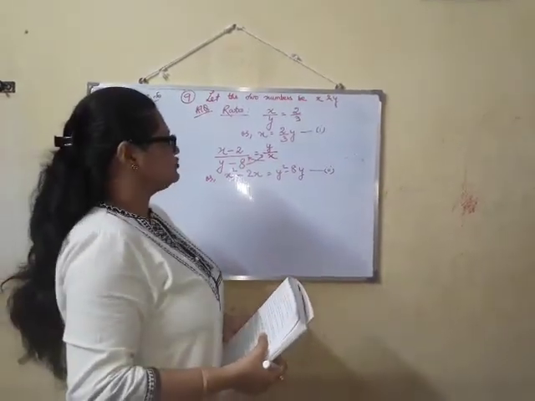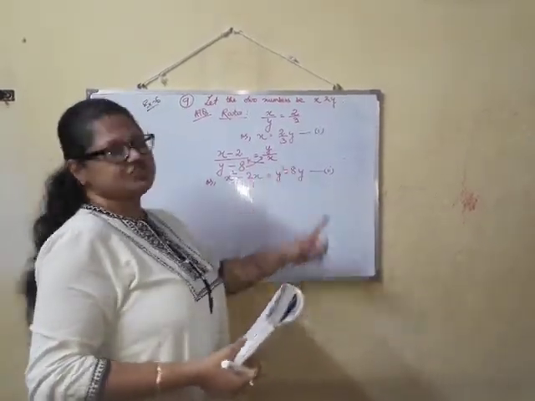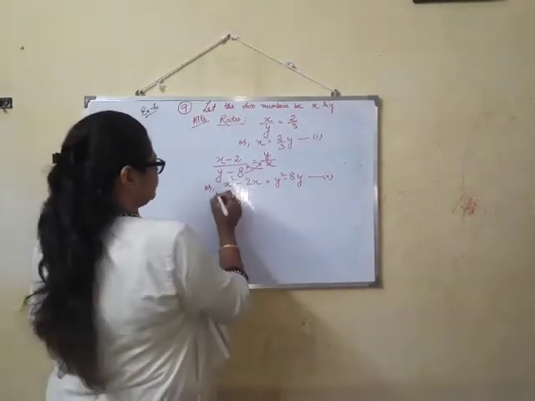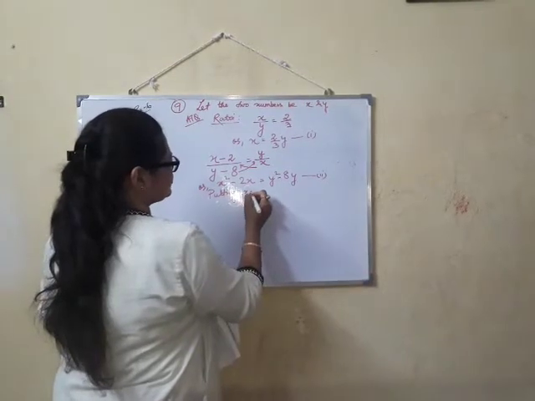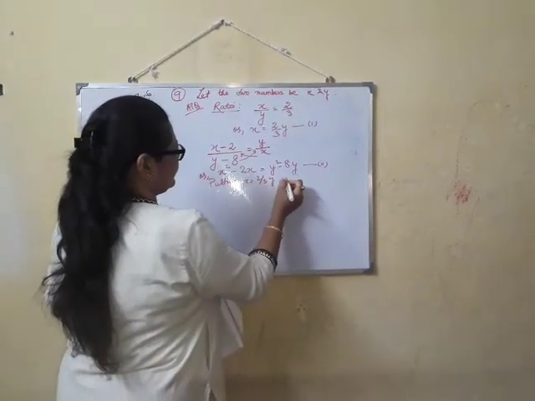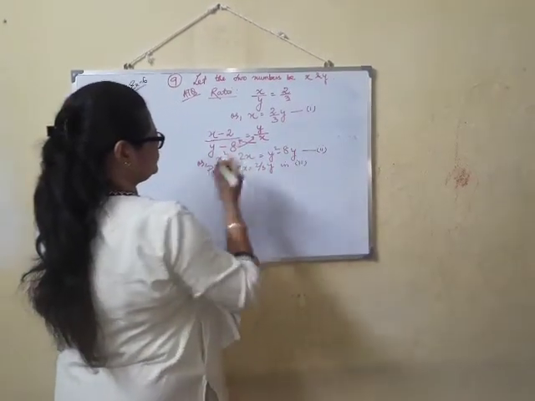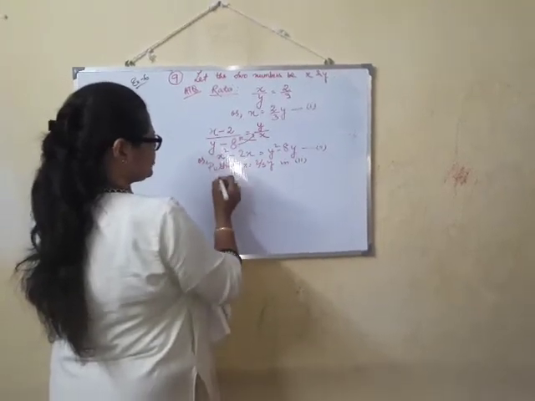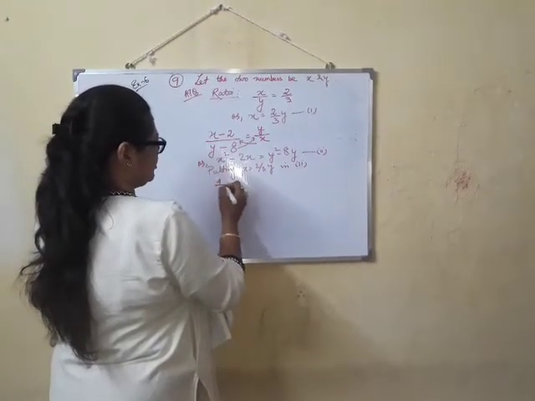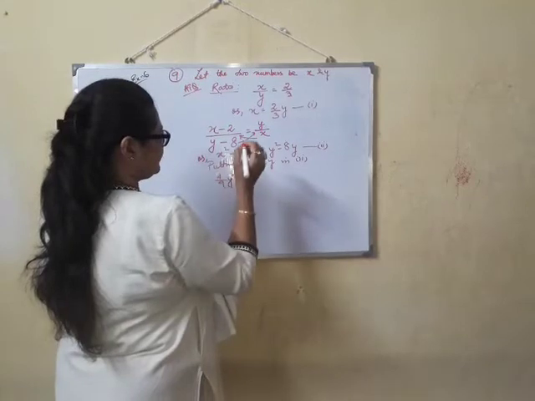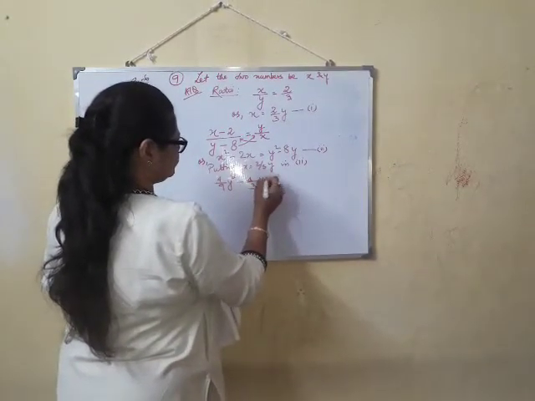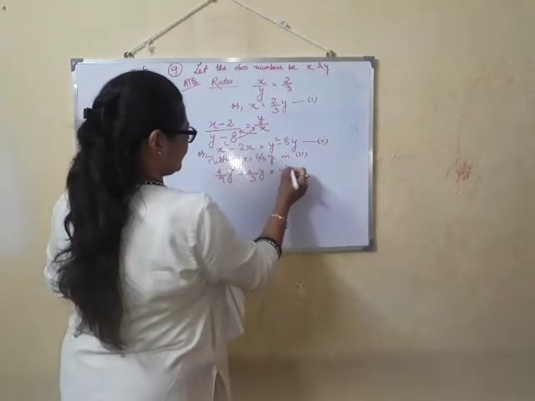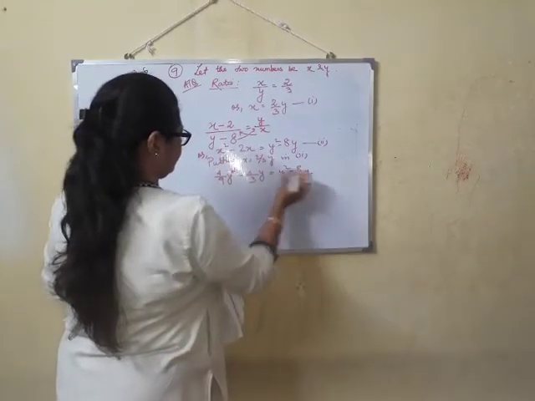Now I am going to use substitution method. So substituting x equal to 2 by 3 y in equation 2, x square, that means 4 by 9 y square minus 4 by 3 y is equal to y square minus 8y.